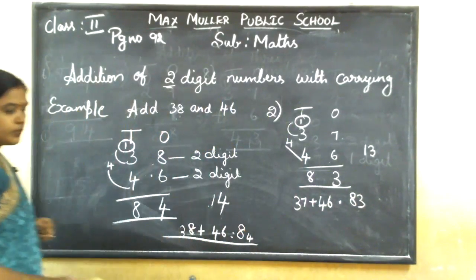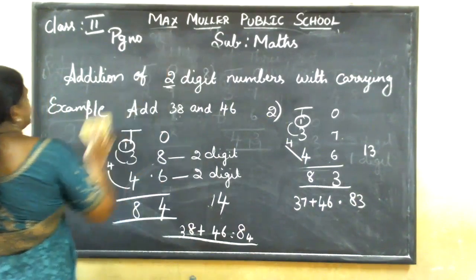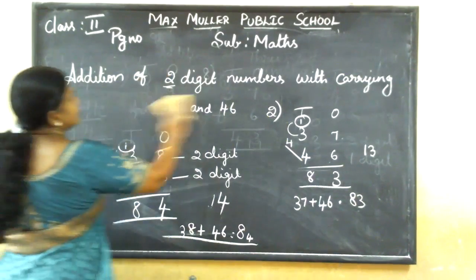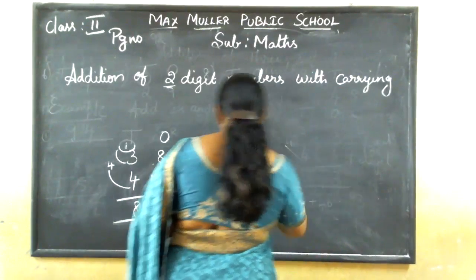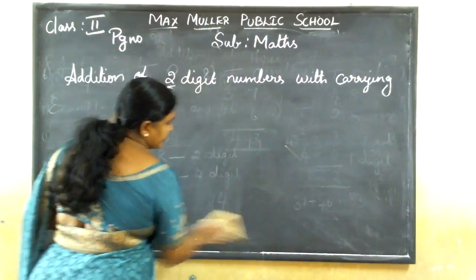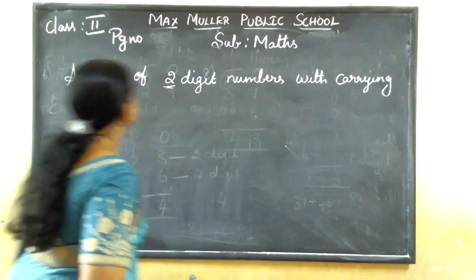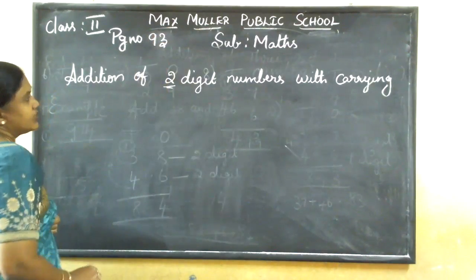Now open your textbook, page number 93. Page number 93. Open your textbook, children. Addition of two digits.